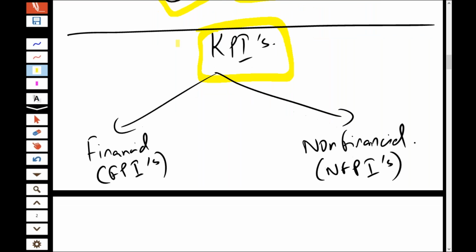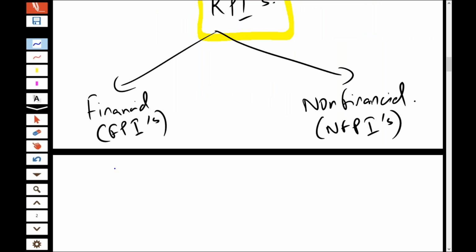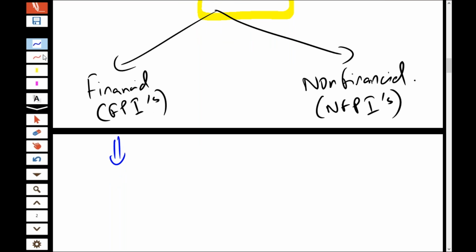Now, what exactly do you mean by measuring using financial performance indicators? When we talk about the financial performance indicators, it would mean that you have to measure the performance using the financial statements.